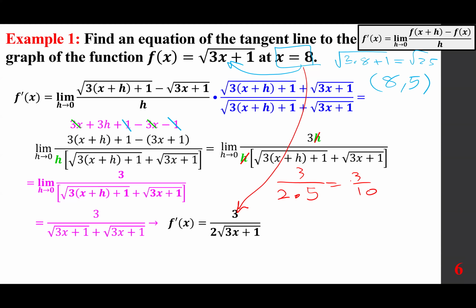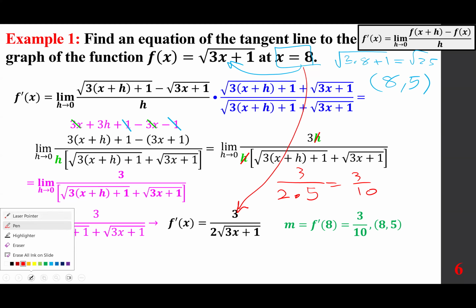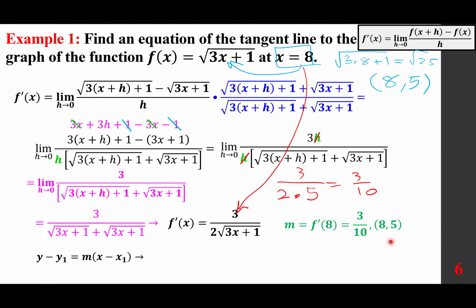So the slope, m is f prime of 8. Plug in, you get 3 over 10. And the pair x comma y, plug in, we get 8 comma 5. y minus y1 equals m times x minus x1.